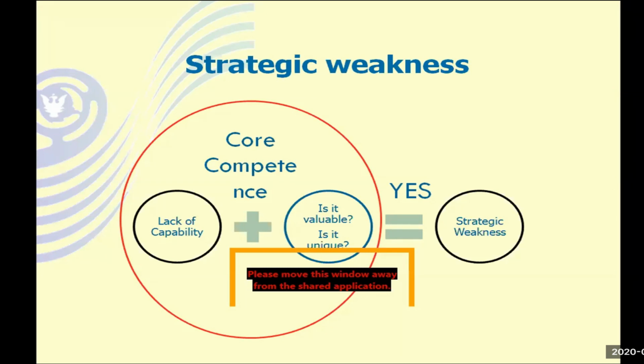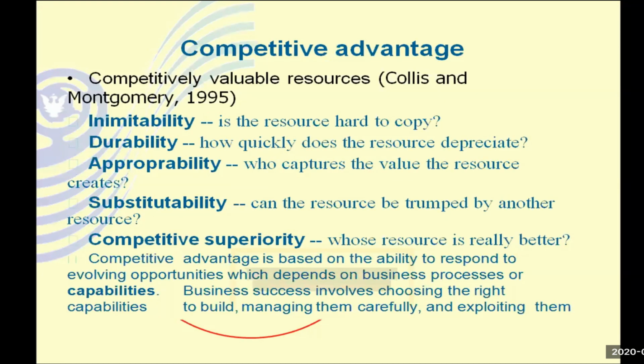Now, why are you looking at this? We are looking at this because we want to know what the resources are, and how these resources can derive competitive advantage. Competitive advantage is derived from inimitability, from durability, from appropriability, from lack of substitutability, from competitive superiority, lack of imitation, what we've been talking about there.